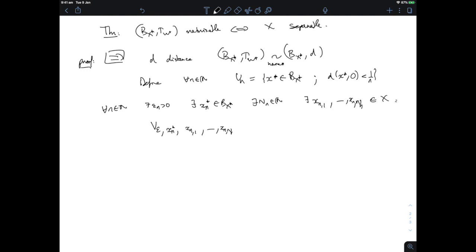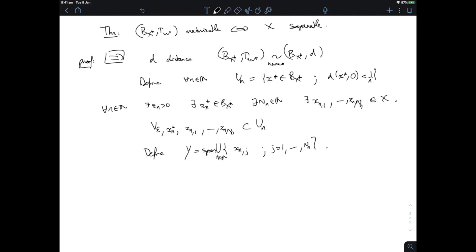is included in Un. And now I'm going to further define Y to be the span of all these xnj, j running between 1 and Nn, and I'm taking a union of that over all n in N. I'm taking a span of this.